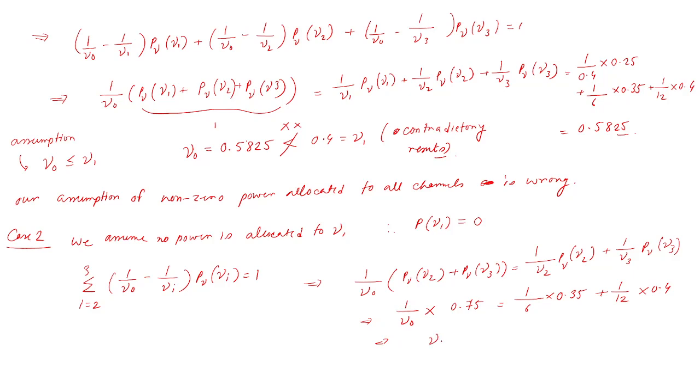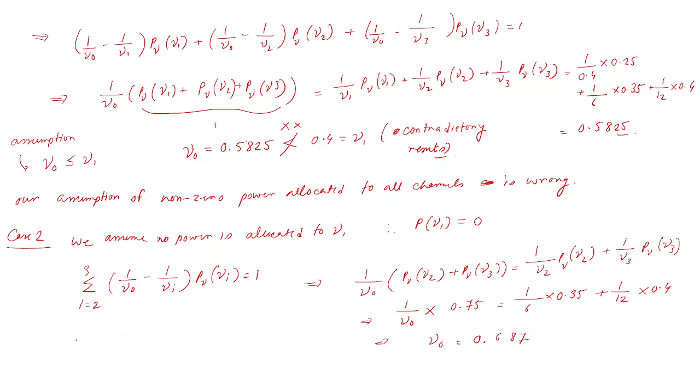From this we obtain the gamma naught value as 1 over 6 times 0.35 plus 1 over 12 times 0.4, divided by 0.75. Okay, we get 0.687.